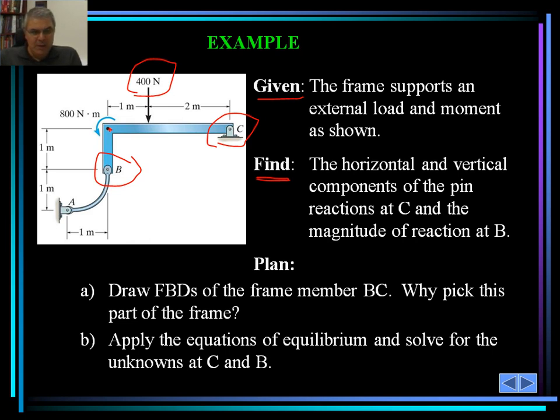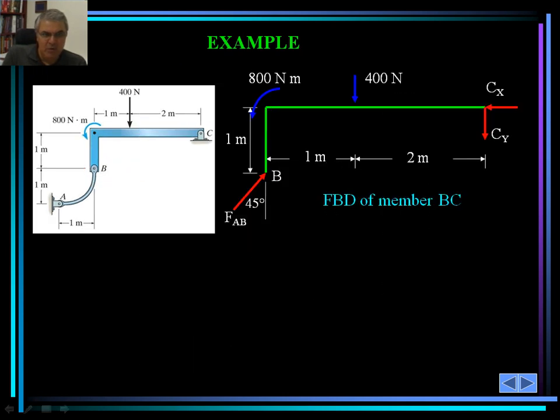Then we would apply the equations of equilibrium and solve for the unknowns at B and C. The reason we pick this part of the frame is because that's where we try to determine the unknowns, and it looks simpler, while the other part probably requires more consideration. That's why we pick this member.